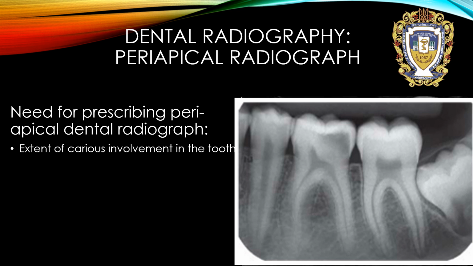The pulp chamber was here, but because of chronic caries, the human organism created secondary dentine to separate the infection from the pulp.